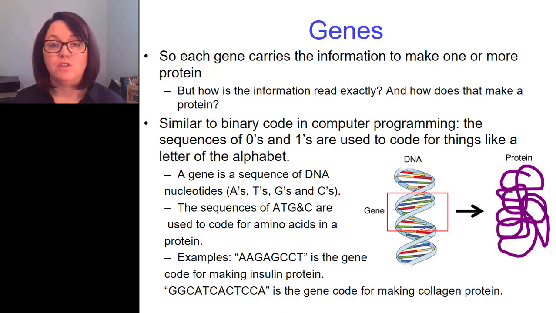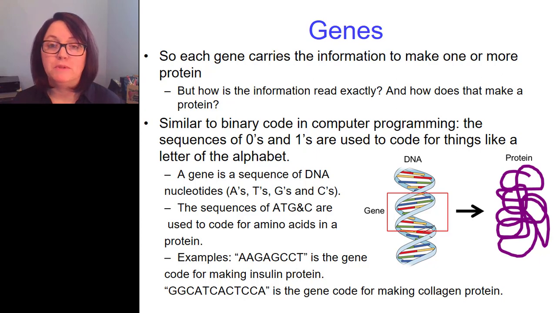In a similar fashion, a gene is a sequence of DNA nucleotides. So rather than zeros and ones, it's made of DNA nucleotides that are best known by their letters A, T, G, and C. And it's the sequence of A's, T's, G's, and C's in the gene that tell us the sequence of the amino acids in a protein.